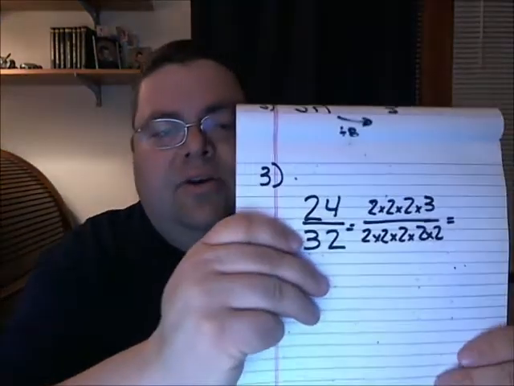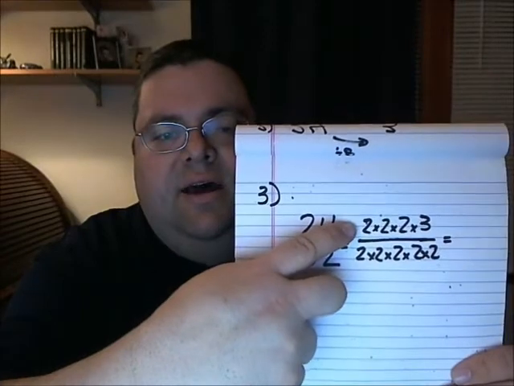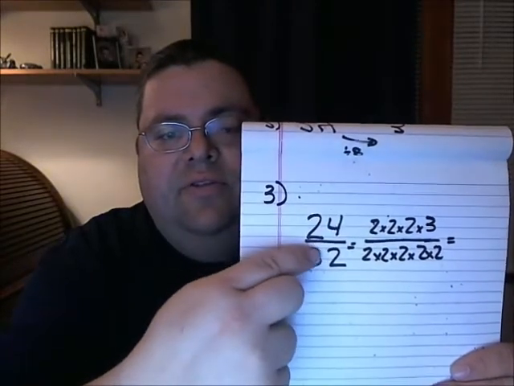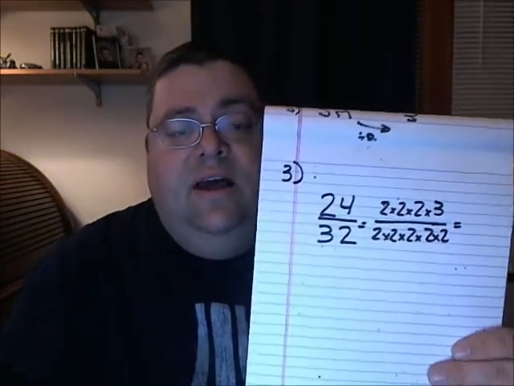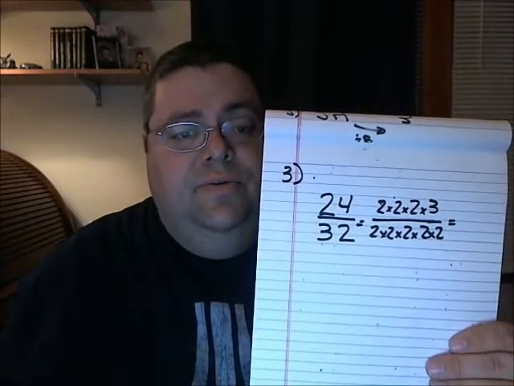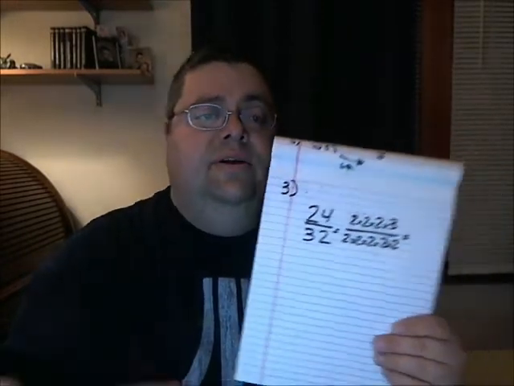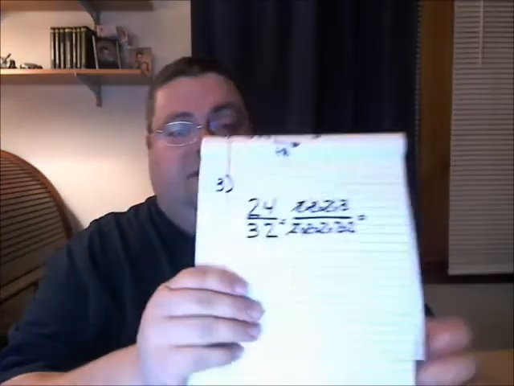Well, if you take those and write them on the numerator line for the 24 and on the denominator line for the 32, all we do now is any of them they have in common, we're going to cross out. So again, if I have a 2 in common, I'm going to cross it out. Now, crossing it out is really, in this case, dividing. I'm saying the 2 in the numerator can be divided by the 2 that's below it in the denominator.